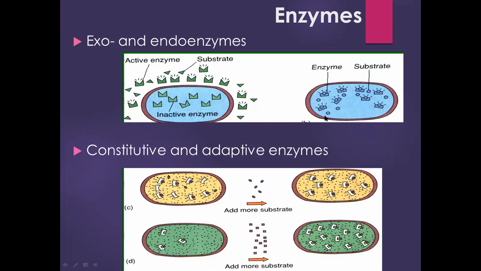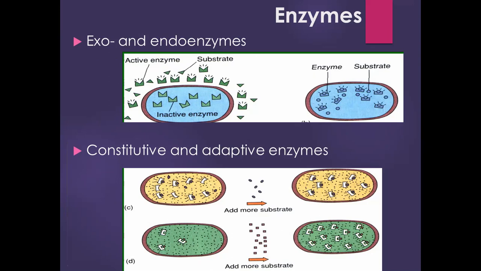According to their concentration, enzymes are also divided into two groups: constitutive enzymes, whose concentration doesn't depend on conditions of cultivation. It's constant. An example of a constitutive enzyme is DNA polymerase; the concentration is constant on all occasions.